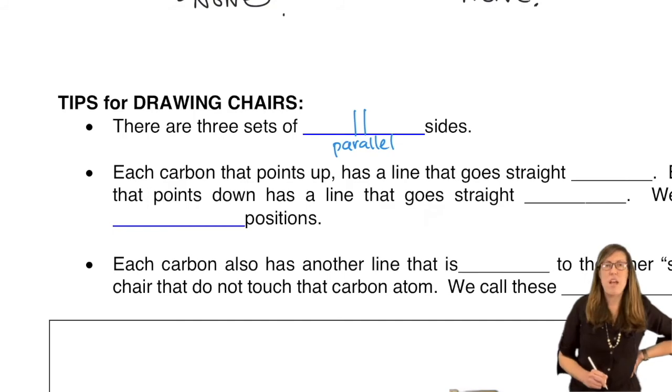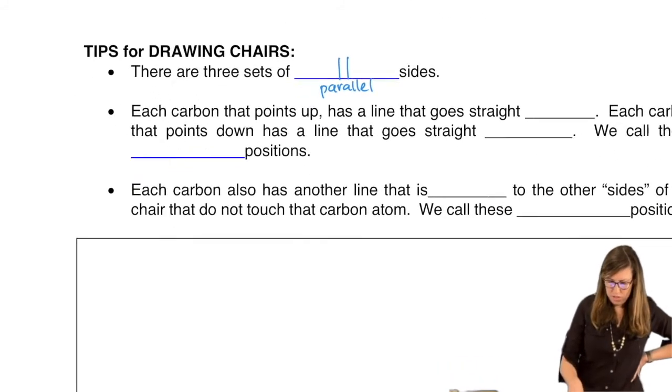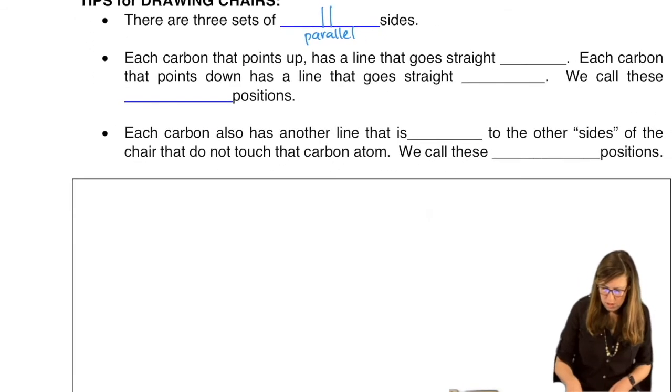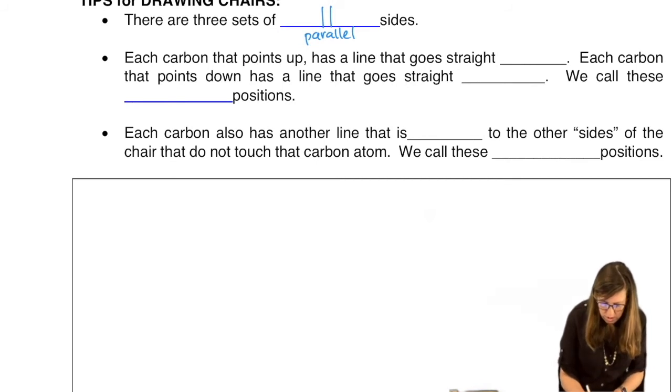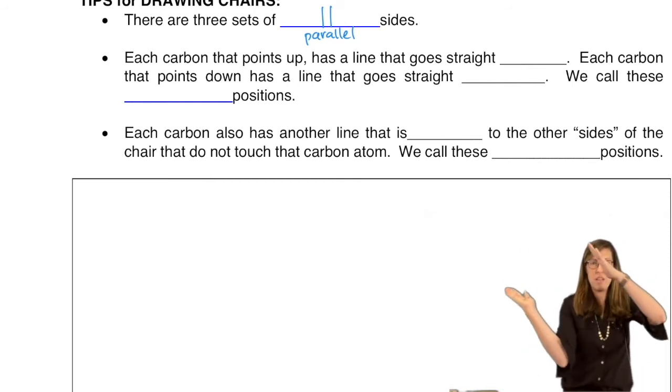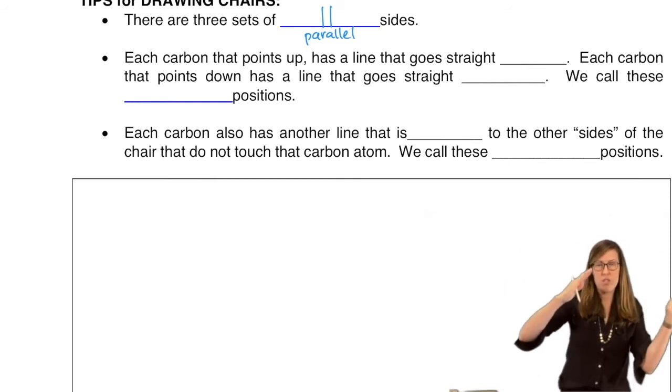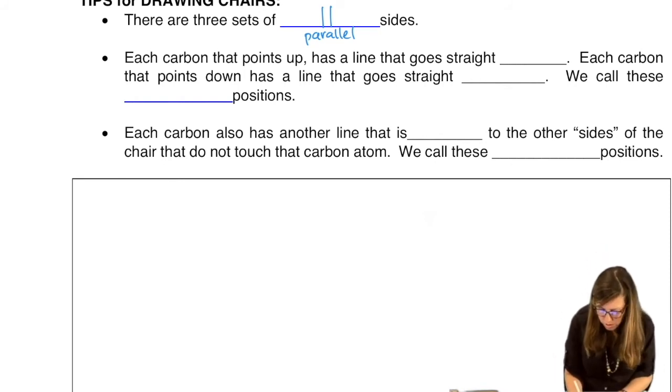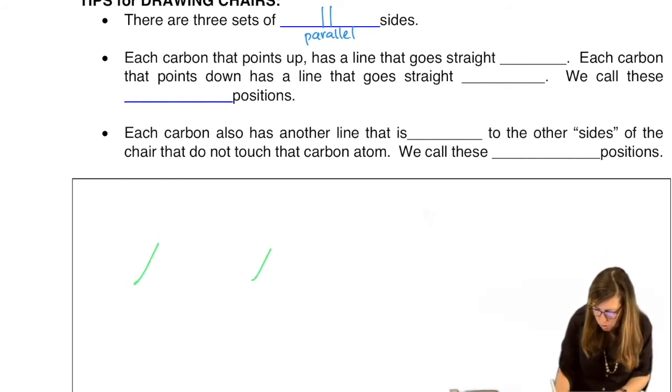All right, so let's draw that first. I'm going to do a green. I always like to start with this way or this way. So the 2 sides. Let's draw both of them this way or this way. So we're going to draw both chairs.